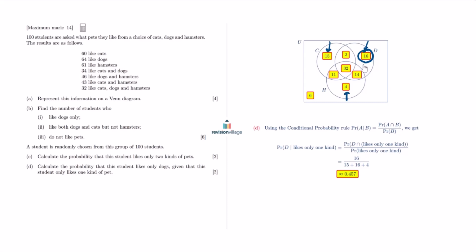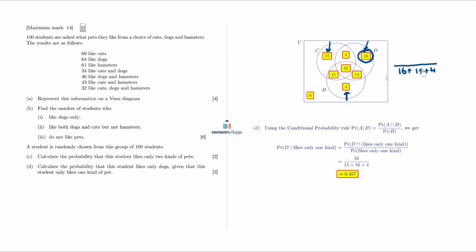So my total number of students that I'm selecting one from is 16 plus 15 plus 4, which is 35. So that is 35 students that I'm now selecting one from.